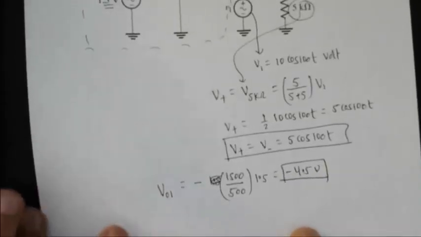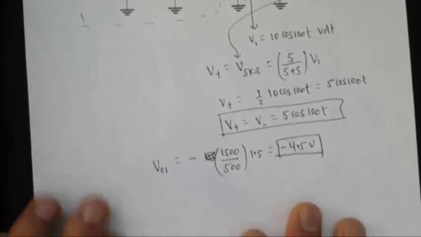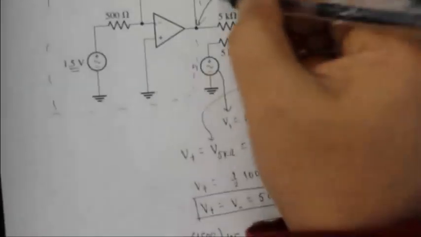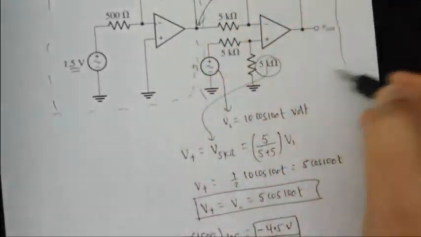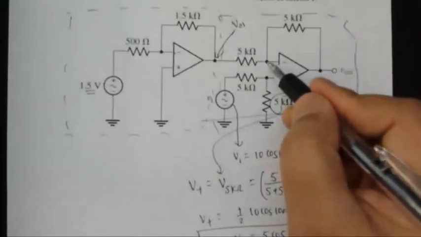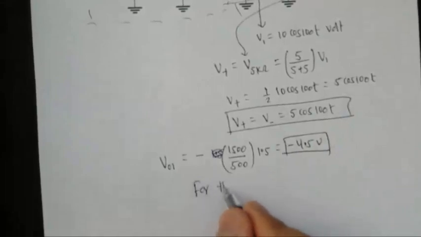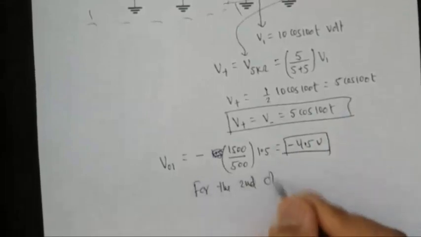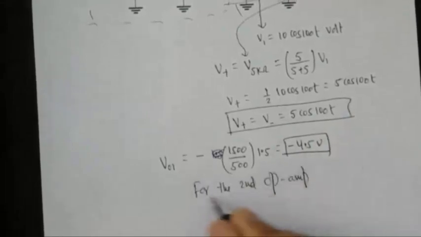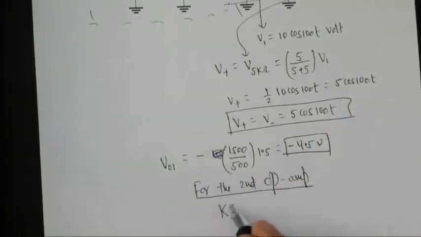And then for the second op amp, you just apply KCL at this node, at V negative.